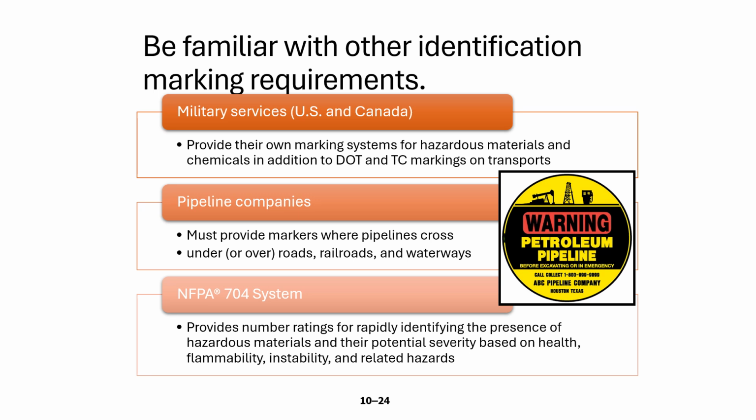When you think about the military, they ship hazardous materials and chemicals by common carrier, or they can. In these instances, the materials are not required to be marked by the Department of Transportation or Transport Canada. For pipeline markings, there must be a significant amount of signage along the pipeline to identify the pipe's location.